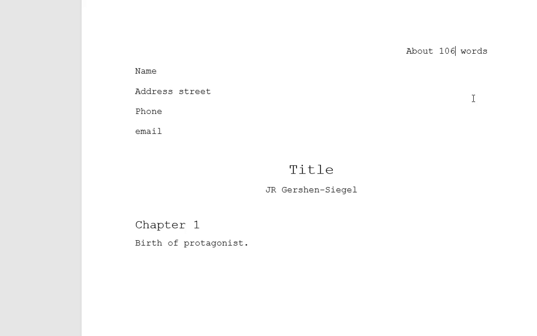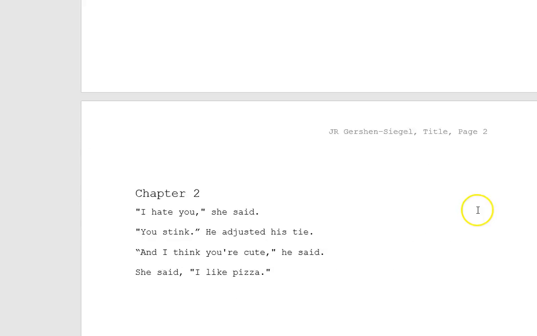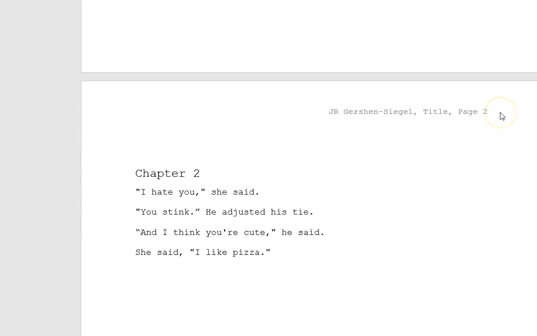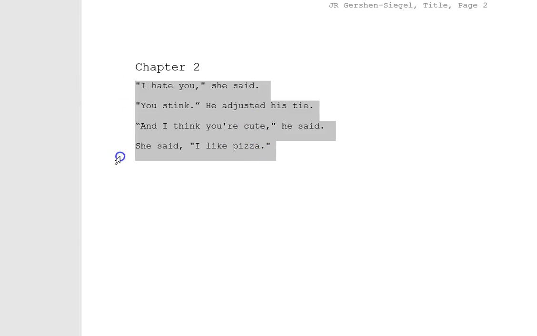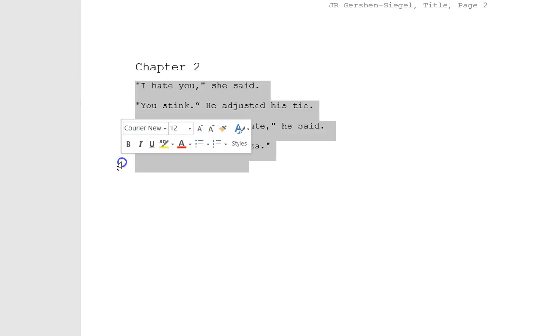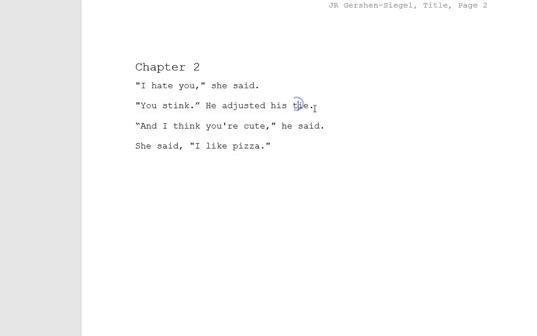This is a document now that you can send to a publisher because it's got your name, address, phone number, and it's got the word count, and it also has the title and the page number on every page in case things get separated from each other. You can also send it to a publisher because it is in double space, and because it's in one of these fonts that they like, which is Courier, and it's in 12 point, which they almost always want.